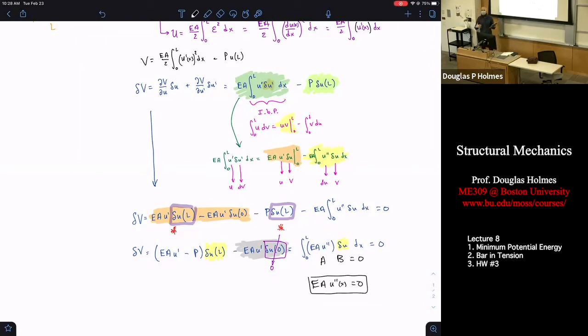That's the equation we have to solve to find the deflection of our beam. It's a differential equation. We also know that this term has to equal 0. But be careful, this term specifies the conditions at a point. This is for u double prime for all of x. This is for u prime at L.